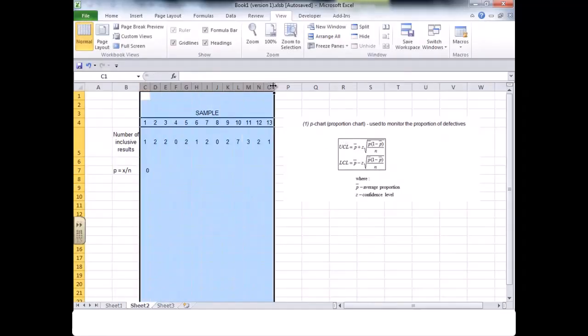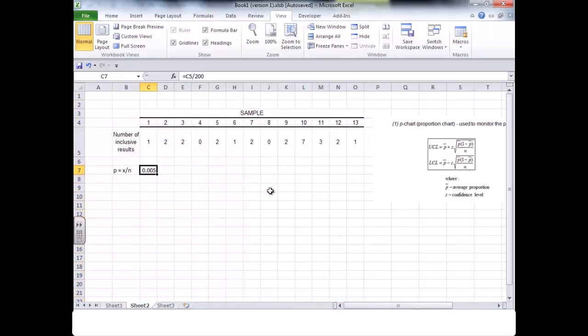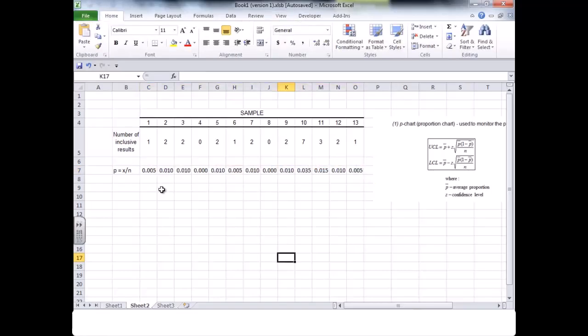Okay, I need to change the format so that I'll have 0.005. And I'll just copy this across. These are our sample proportions, which we will need to plot on a control chart, a P chart.